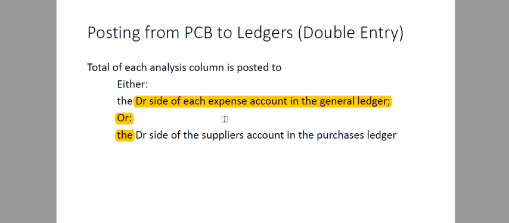Each expense will go on the debit. We will take the total of each analysis column, which will be posted to the debit side of the expense account in the general ledger.